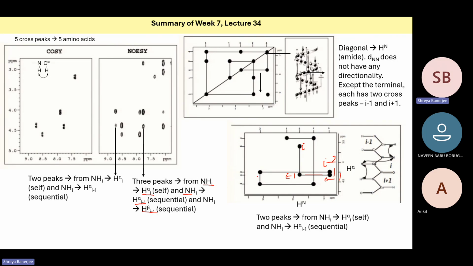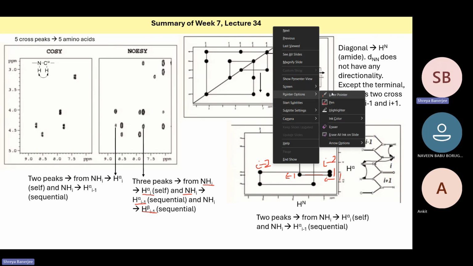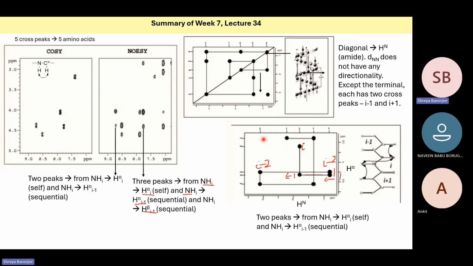Then we can again go in the horizontal direction to get i-2. So like this, we will move through the polypeptide in order to get the different peaks of each adjacent residue, and we will understand the polypeptide sequence.